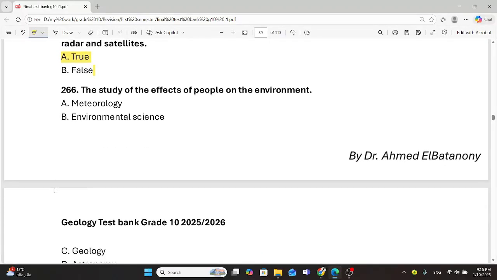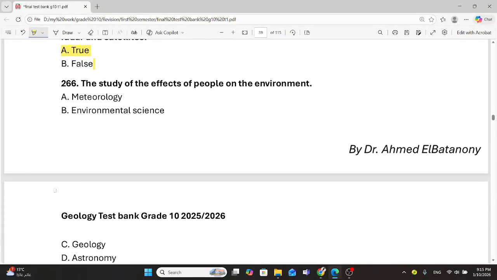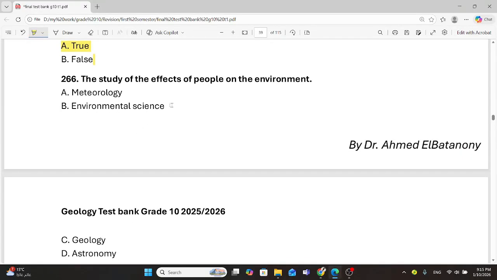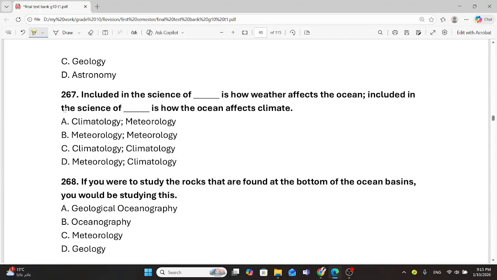The study of the effects of people on the environment: meteorology, environmental science, geology, or astronomy? Environmental science. The science of how weather affects the ocean is meteorology. How the ocean affects climate is climatology.